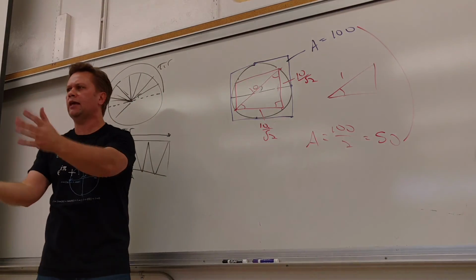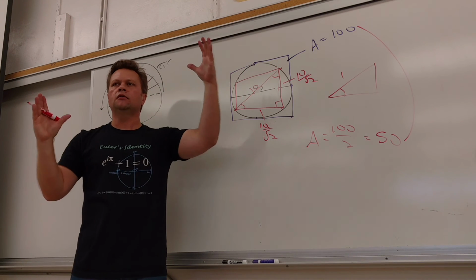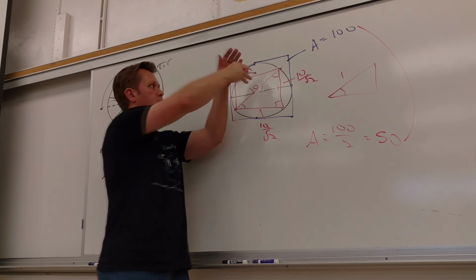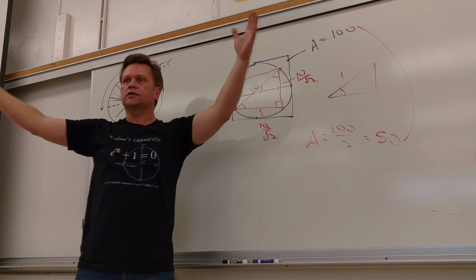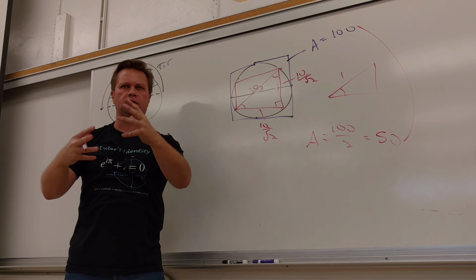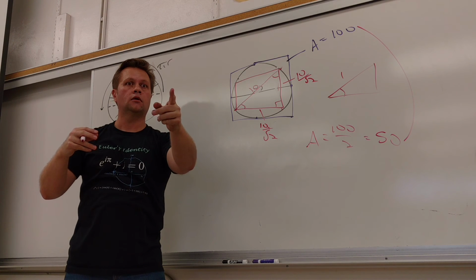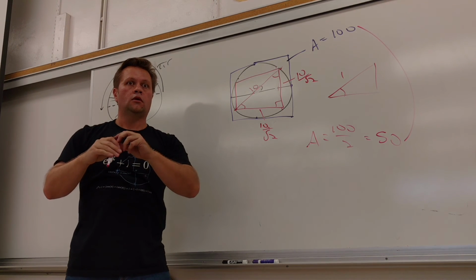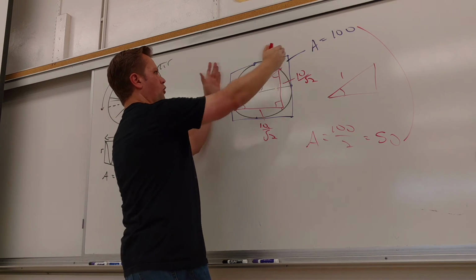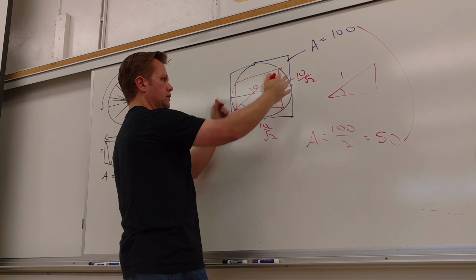Does it make sense? Why would I take the average? Because the red one underestimates the area, and the purple one overestimates. So the average should come out to be an okay estimate. You have a circle, I'm going to overestimate it, I'm going to underestimate it, and then take an average.